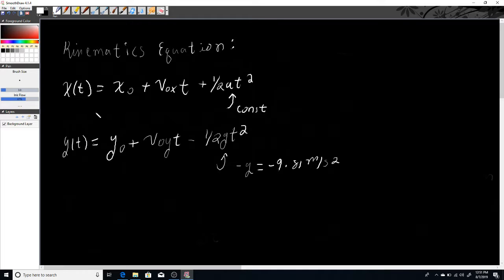In this case, any position of anything we're looking at in a Cartesian reference frame will have to be looked at in terms of its x and y positions. And these operate separately of each other. The x position has nothing to do with the y position. The initial velocity in the x direction bears no influence on anything that happens with the motion in the y direction, and nothing that happens with the x direction affects any of the motion in the y direction.